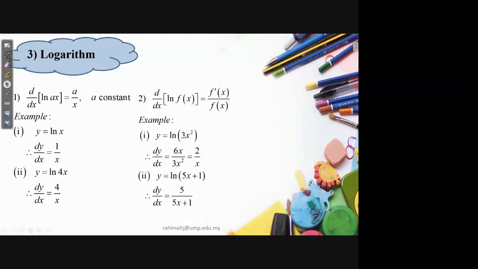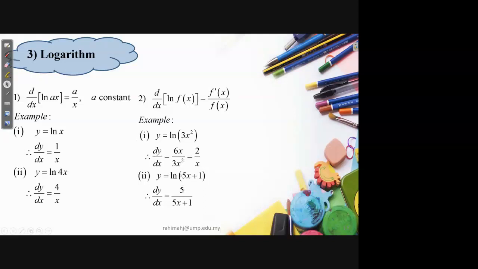Differentiate ln 3x squared: differentiate 3x squared is 6x over f x, where f x is 3x squared. So differentiate ln of 5x plus 1.